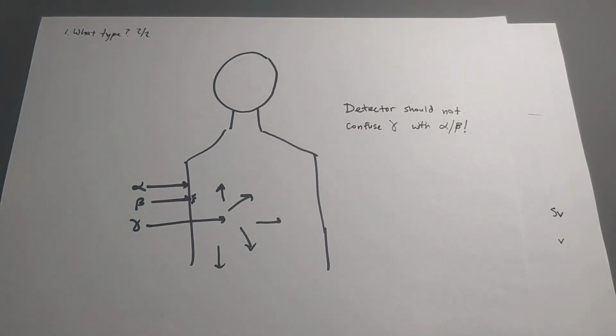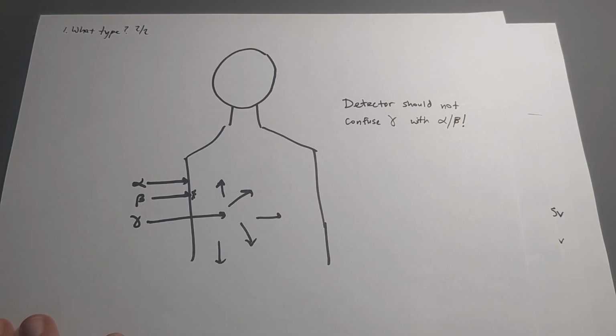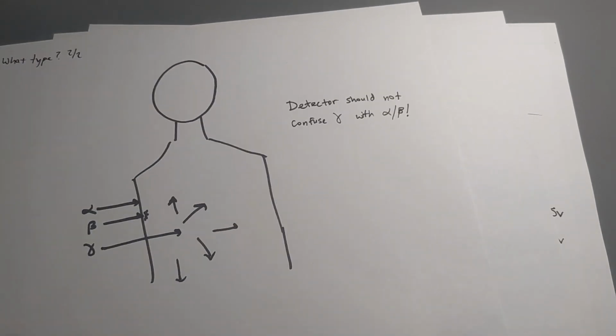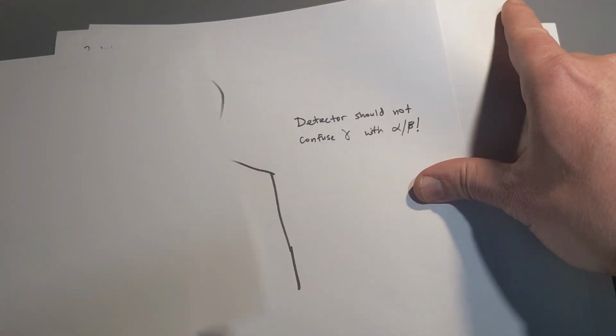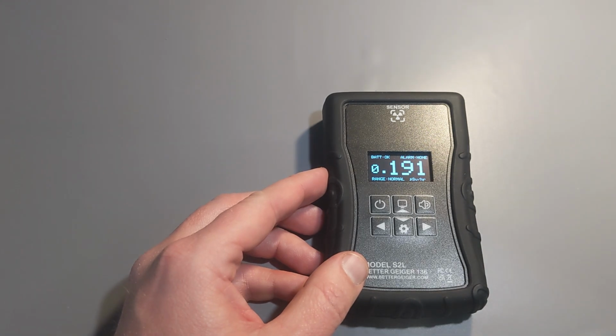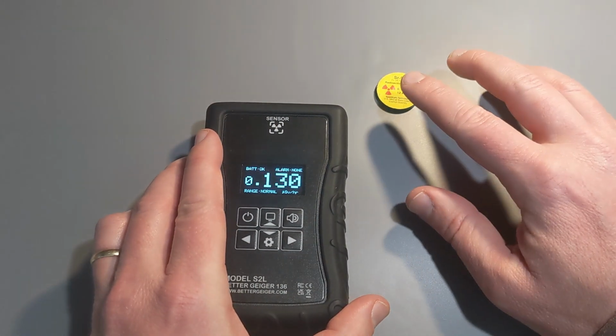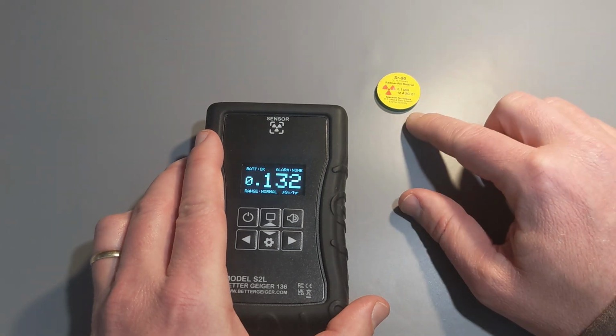So that's the type. Imagine for the moment we're only measuring gamma, and I'll do some demonstrations here to explain what that means in practice. I have here a strontium-90 source. This is a pure beta source, so it's only emitting beta.